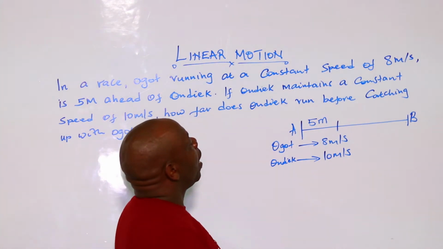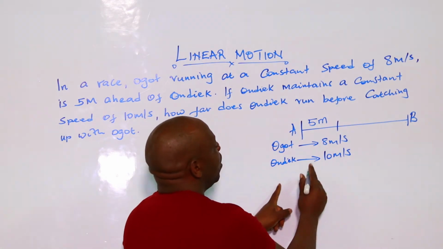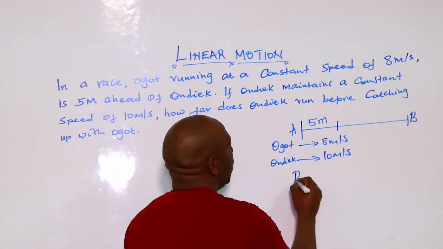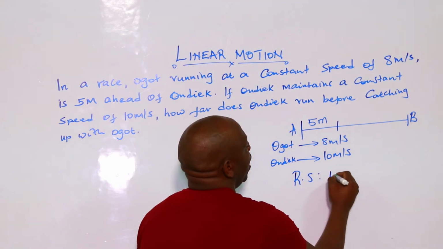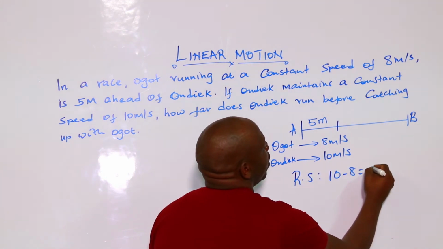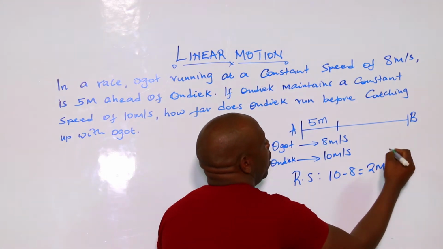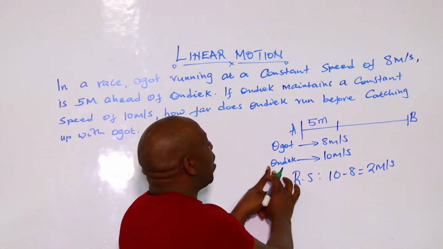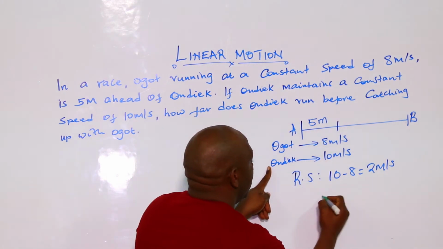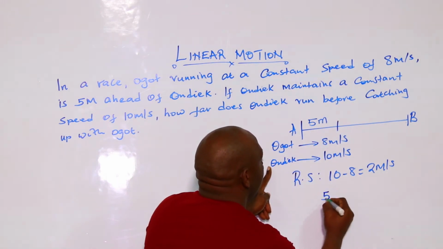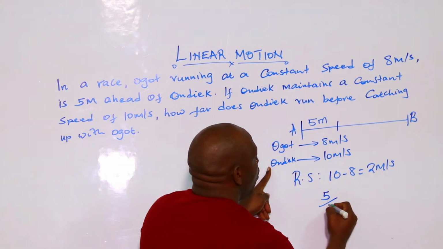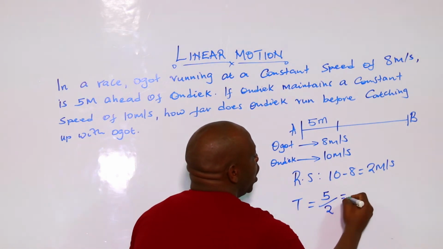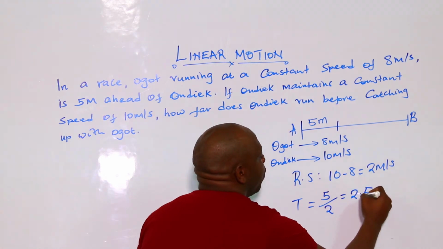So, what is their relative speed? They are moving in the same direction, and therefore the relative speed is 10 minus 8 to get 2 meters per second. So, Ondiek needs to cover a distance of 5 meters at a relative speed of 2 to get time taken, and that would be 2.5 seconds.